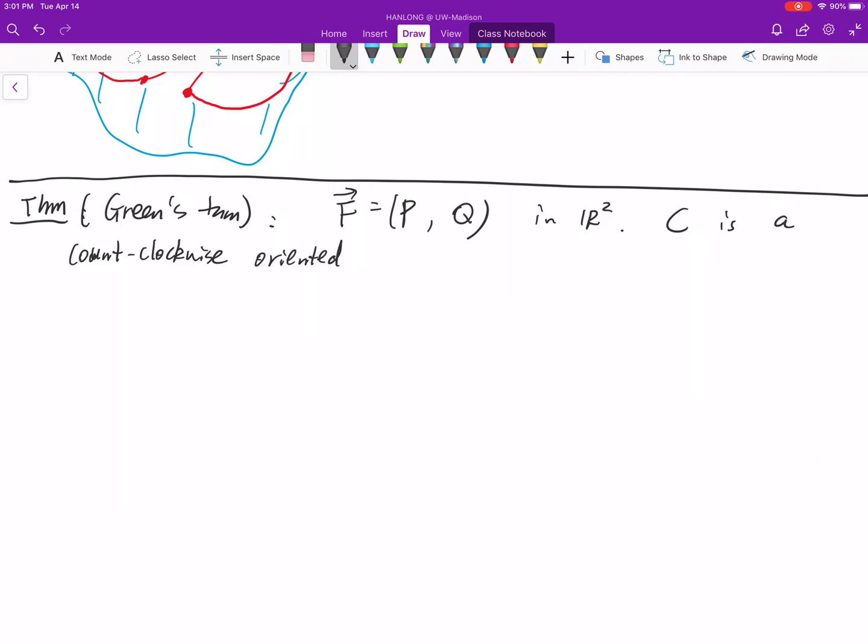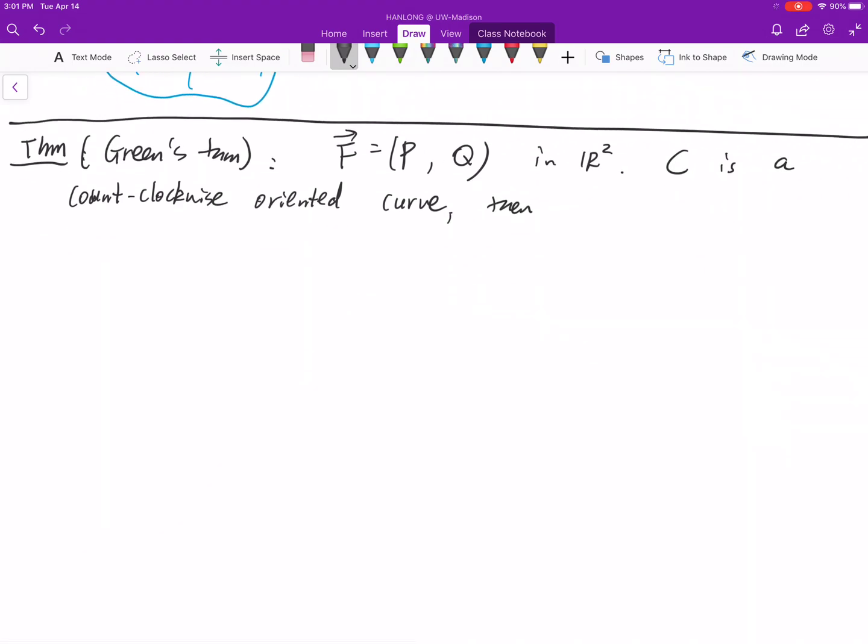Then you integrate F along C, the second kind.